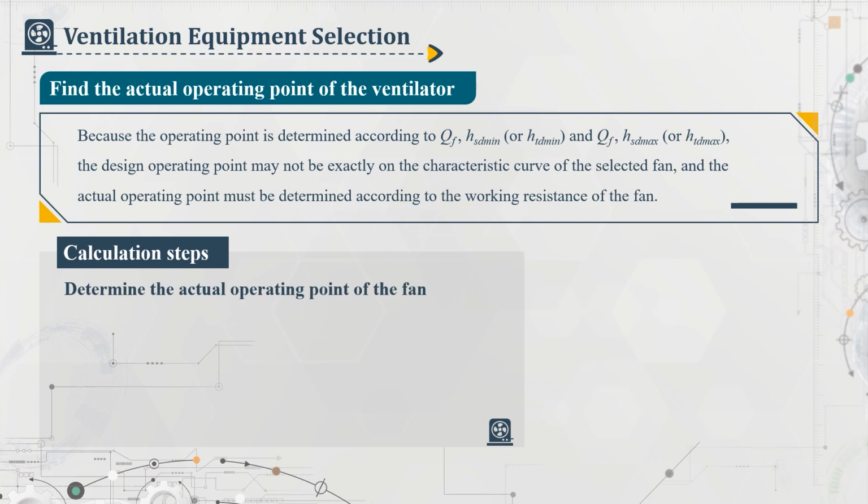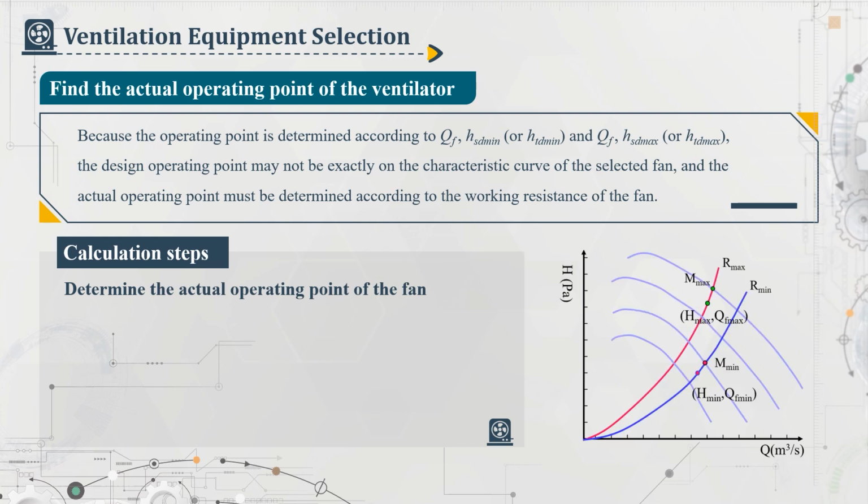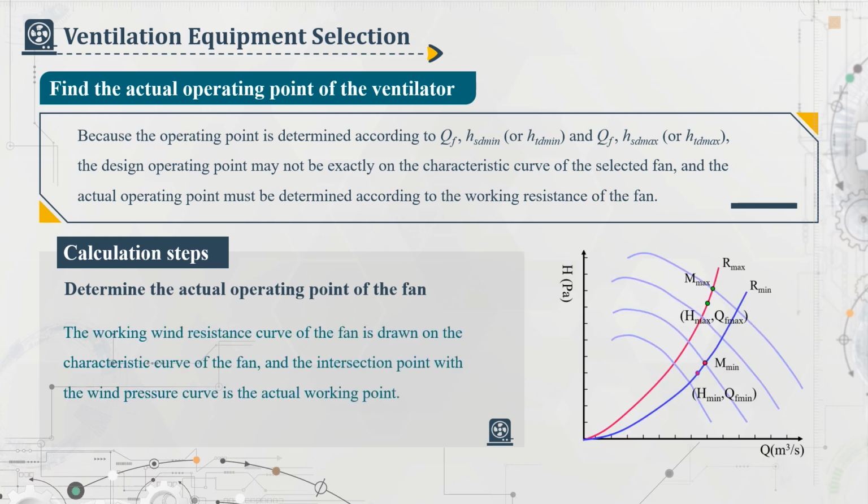Calculation steps 2. Determine the actual operating point of the fan. As shown in the figure, the working wind resistance curve of the fan is drawn on the characteristic curve of the fan, and the intersection point with the wind pressure curve is the actual working point.